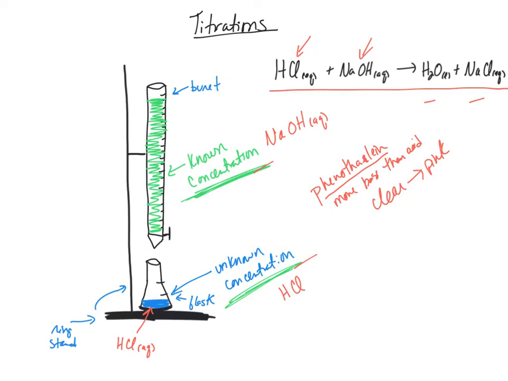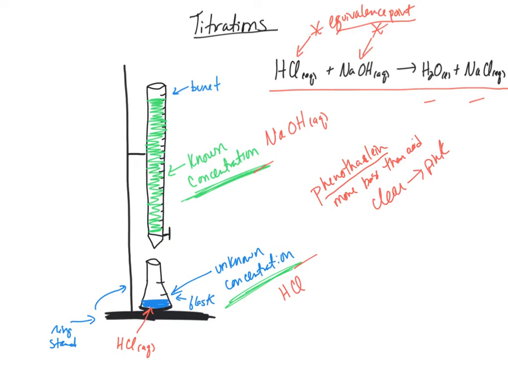So what we're trying to find when we do a titration is when this and this are equal. We call that the equivalence point. So that's the point in your titration at which they are the same.